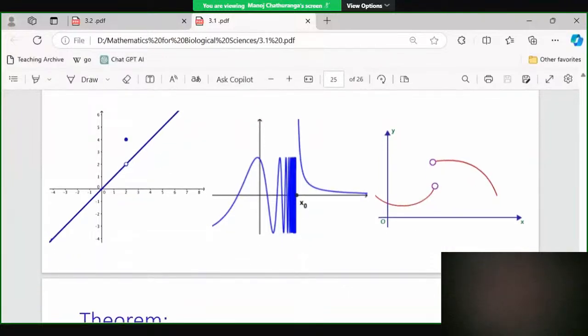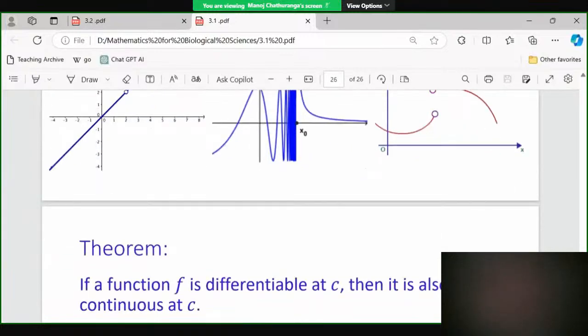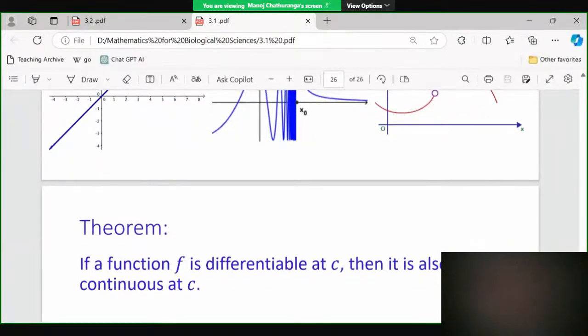At points of discontinuity, we cannot really talk about derivatives because there is no way that we can draw a tangent line. So we need to forget about the discontinuities as well. Here is a theorem.